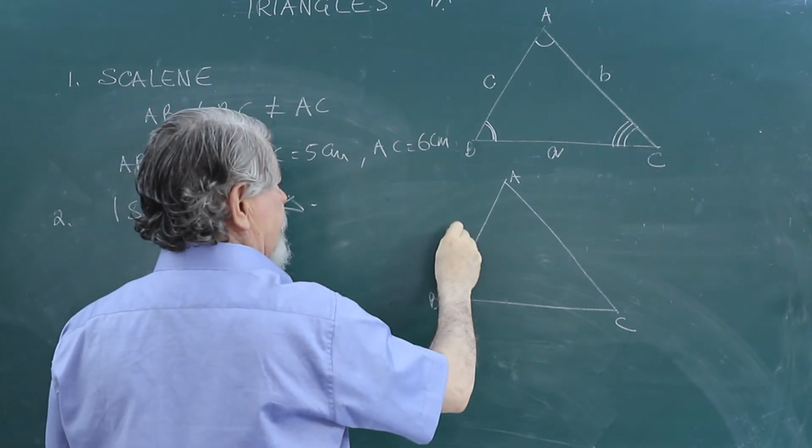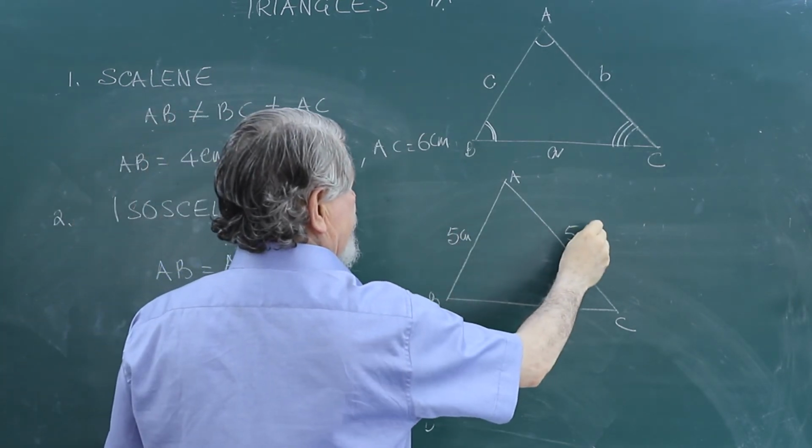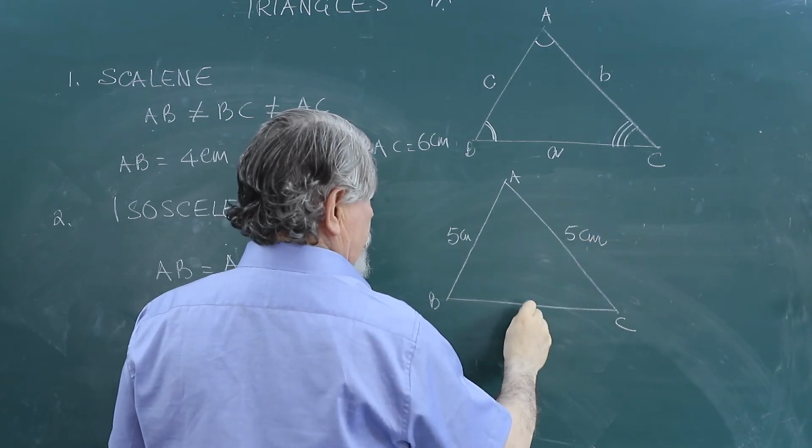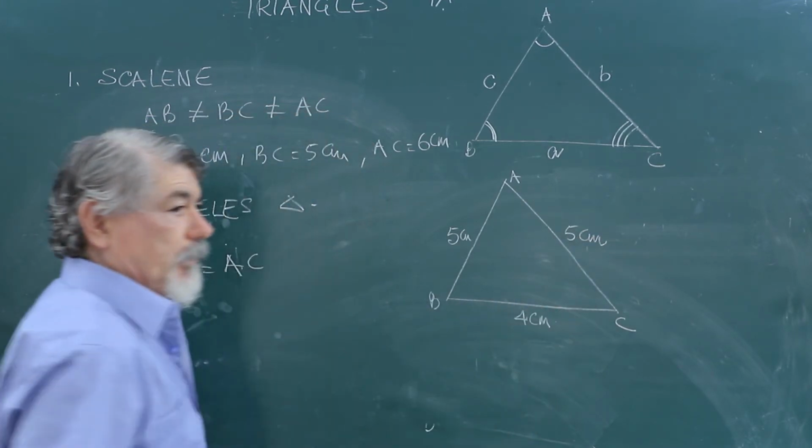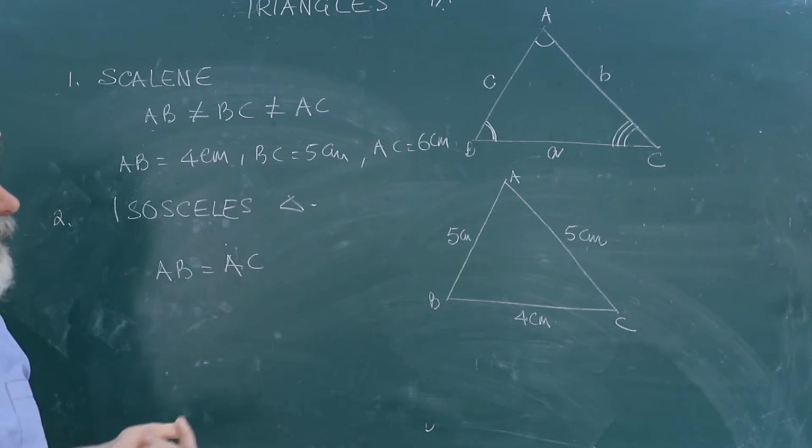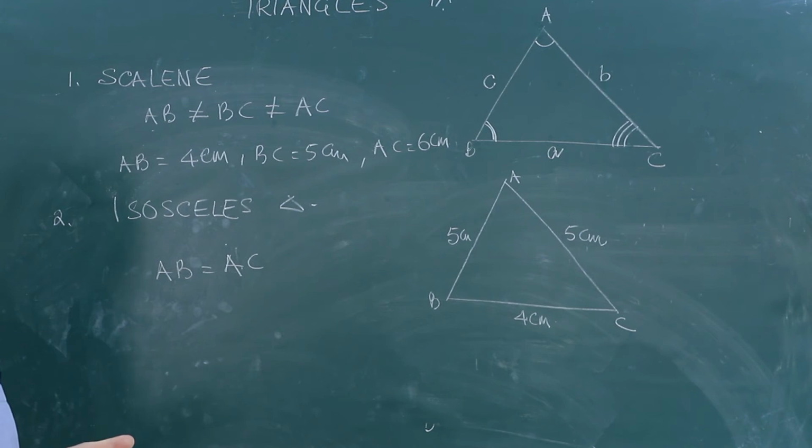Suppose it is 5 centimeter, it is 5 centimeter and it is 4 centimeter. This kind of triangle where two sides of the triangle are equal is called an isosceles triangle.